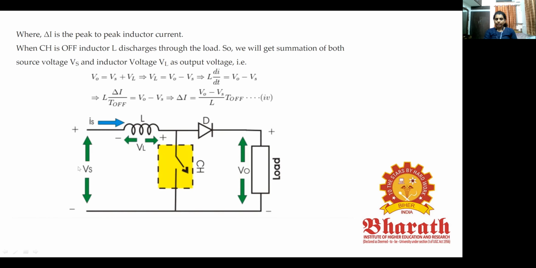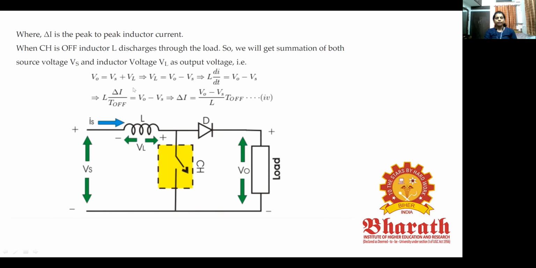So my supply voltage along with the stored energy in the inductor takes the path through the diode to the load. So my output voltage will be equal to Vs plus VL. That is the logic. So V0 is equal to Vs plus VL. From this expression, we can write the equation for VL as V0 minus Vs.